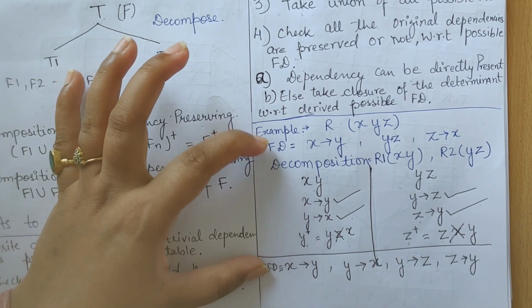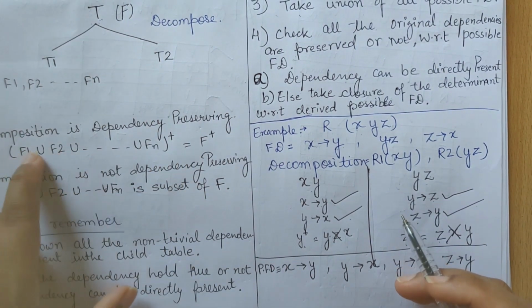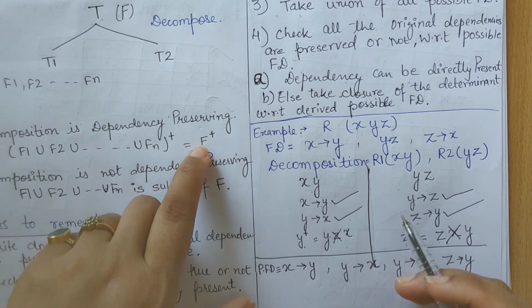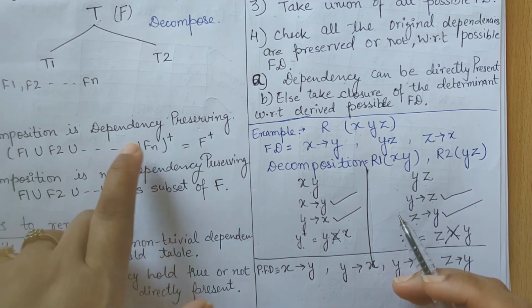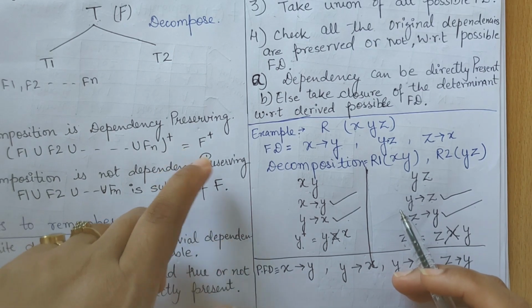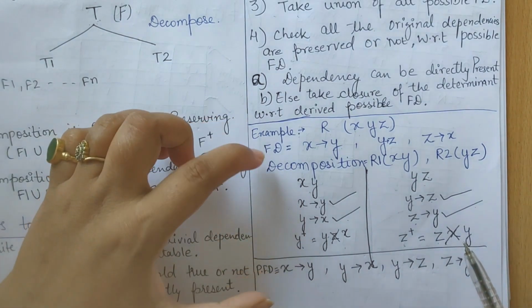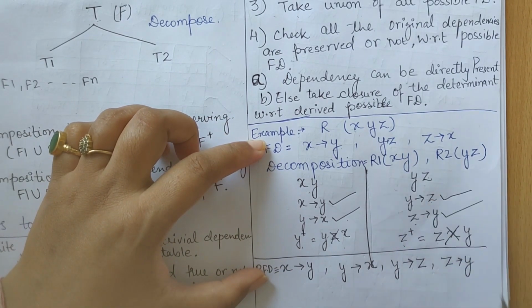Now we have to check them with respect to the original functional dependencies. Union of all the functional dependencies with respect to the original functional dependencies. If both are equal, we will say that the decomposition is dependency preserving.